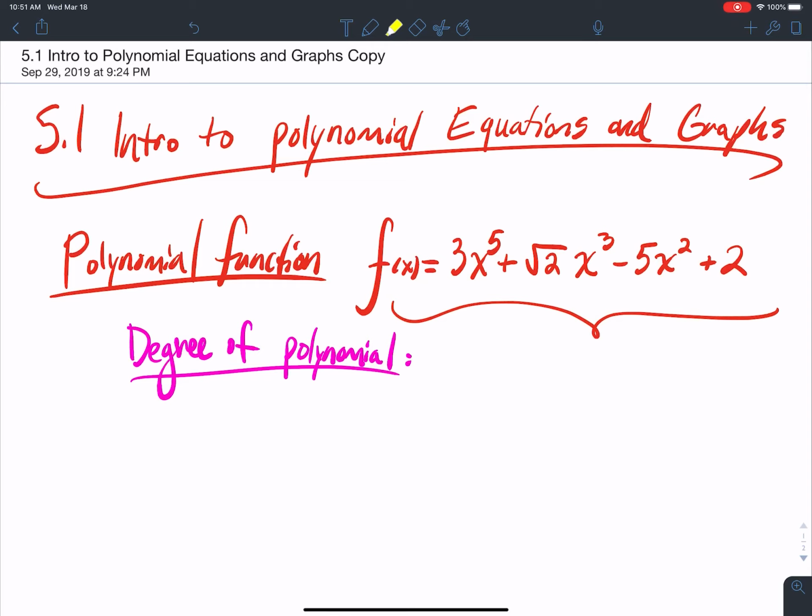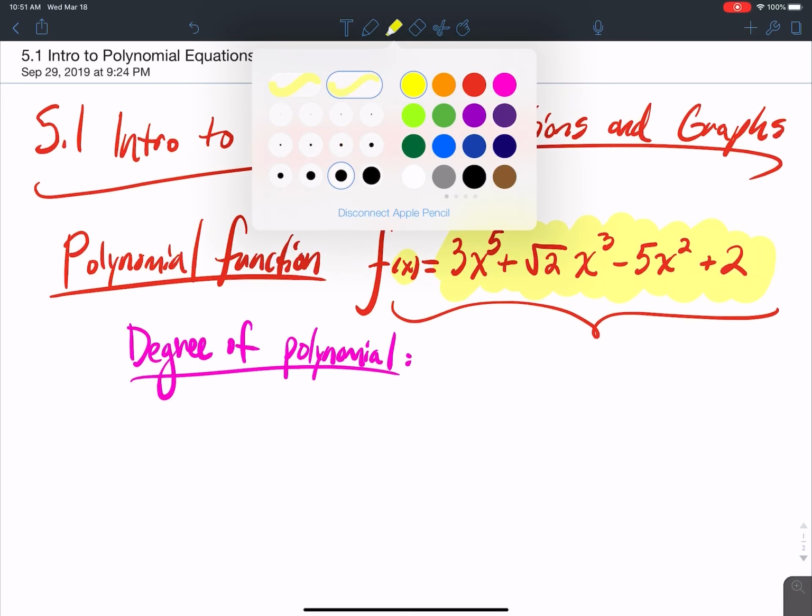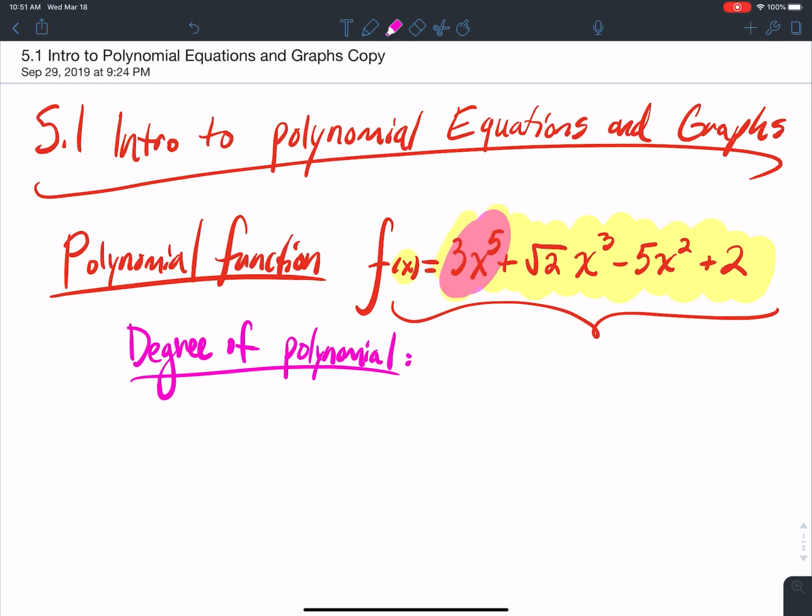So when we look at this as a variable polynomial in x, I'm looking at my whole polynomial here. The highest degree term looks to be x to the fifth. Therefore, this is a degree 5 polynomial.